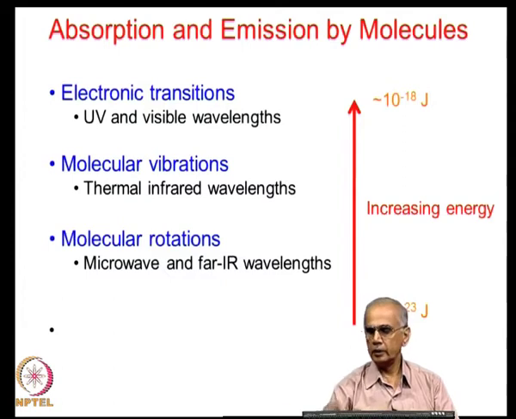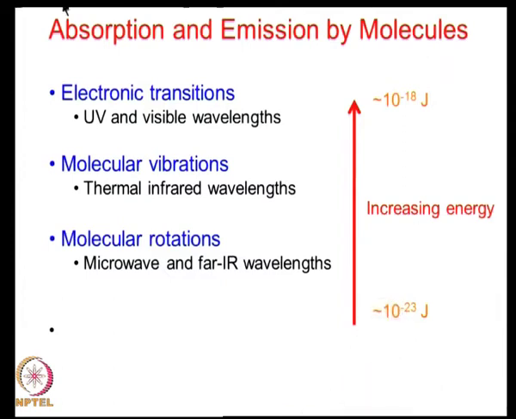So, all three are mentioned here. Electronic transition, where electrons move from one state to another state, or the absorption of a photon may lead to the molecule vibrating more vigorously, or it might rotate more vigorously. And you can see that as you move from rotation to electronic transition, the energy required is more and more.